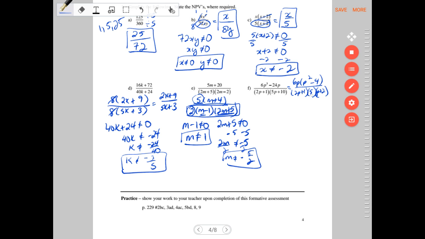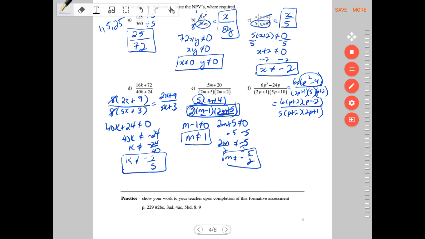Okay, because 5 goes into 5p once, and 5 goes into 10 2 times. Now, if you notice, this here again is a difference of squares, so we can factor that into conjugates. So that would equal 6 times p plus 2 times p minus 2. And then I have a 5 times p plus 2 times 2p plus 1. Remember, multiplication, the order that you do things doesn't matter.